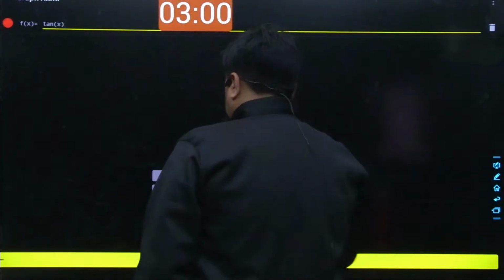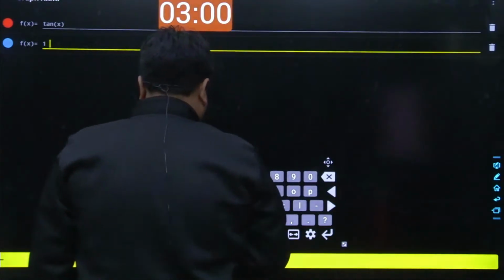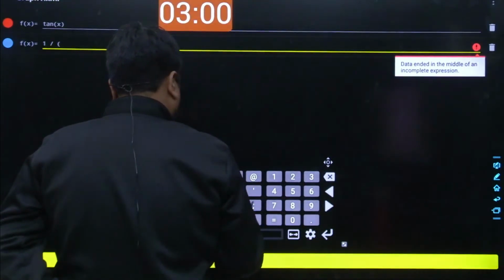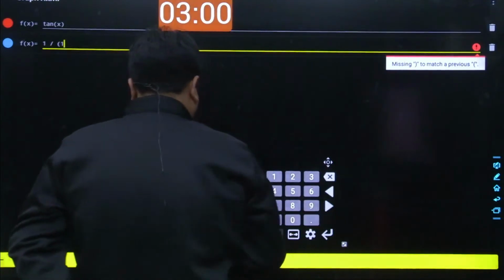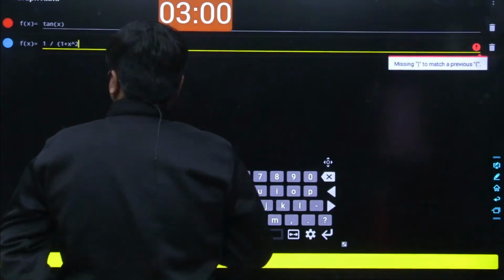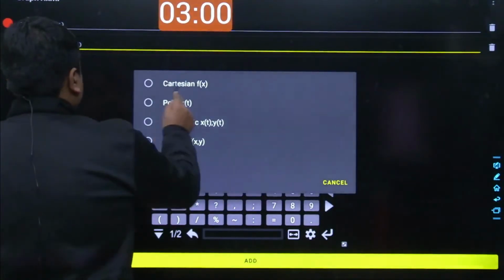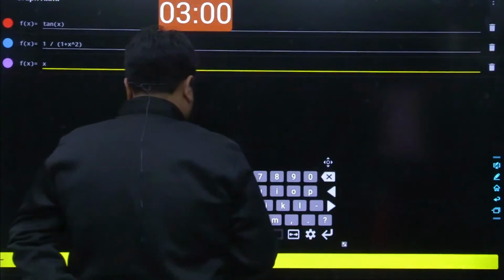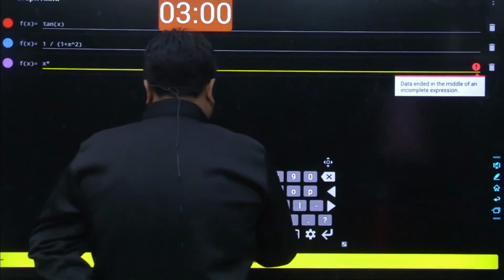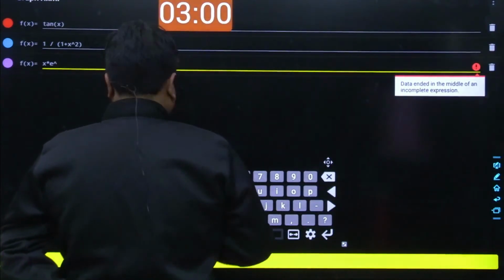See, we'll see that. And the second function, as I recall, was 1 divided by 1 plus x raised to the power of 2. Yes, that is also done. The third equation was x into e to the power of minus x, x getting multiplied with e to the power of minus x.